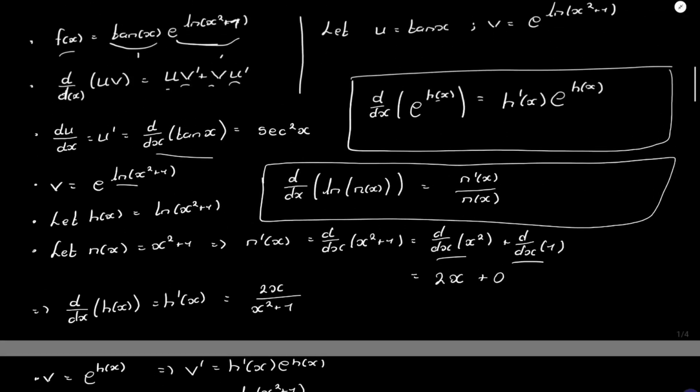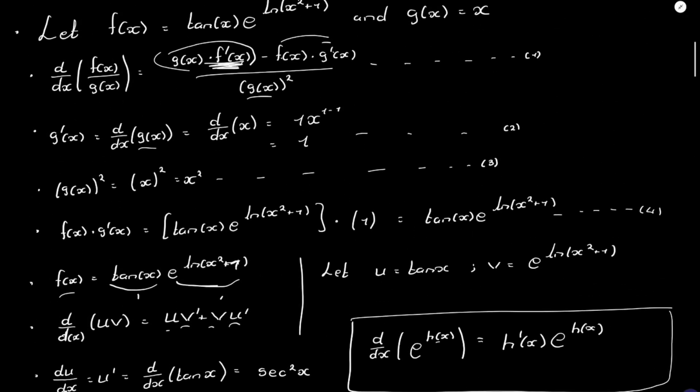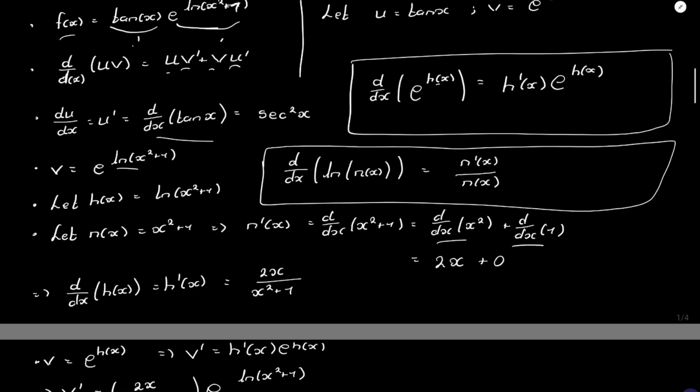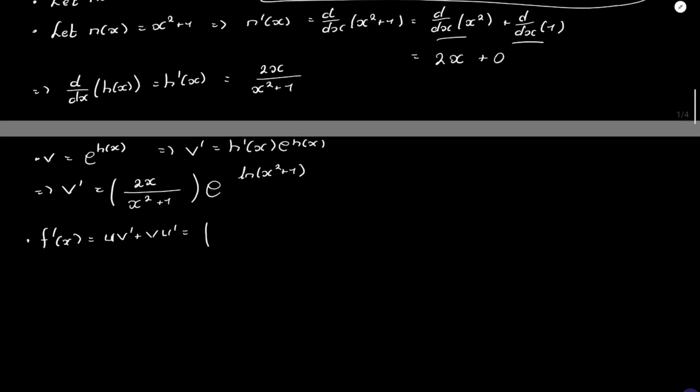So let's calculate then. f of x was a function u times v. So f prime of x is the function u dv plus v du, which gives us, let's start with u. What is our u? Our u is the function tan x. What is our v prime?